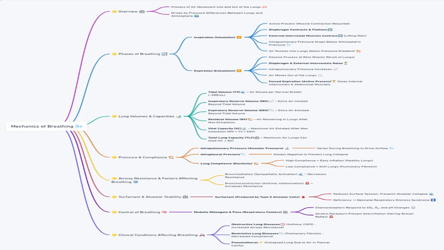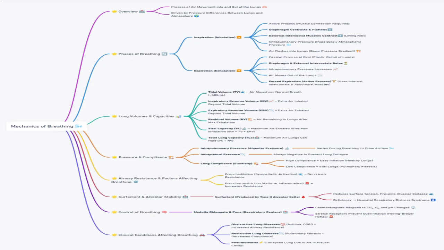So positive pressure ventilation and negative pressure ventilation, let's look at it in terms of the mechanism. With negative pressure ventilation, it mimics natural breathing by creating subatmospheric pressure around the chest, allowing air to be drawn into the lungs. But positive pressure ventilation forces air into the lungs using external positive pressure, increasing the airway pressure above the atmospheric pressure.